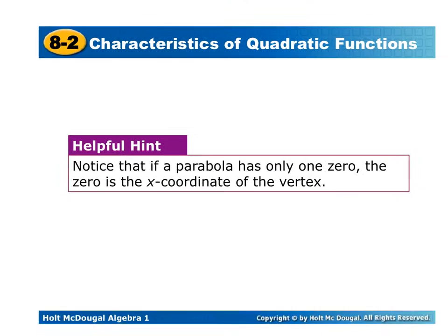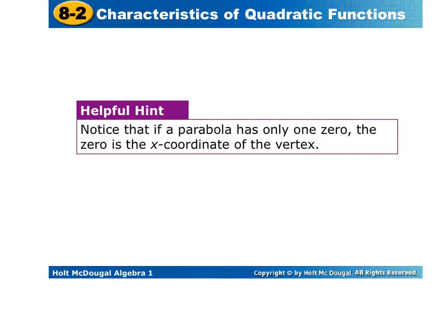Let's try another one. Now, notice that one only had 1 0, and that's when the vertex is sitting on the x-axis. Then it's just going to be the x coordinate of your vertex. So, if we go back to that before, all right, so it says when there's only 1 0, what this means is the graph is sitting on the x-axis.